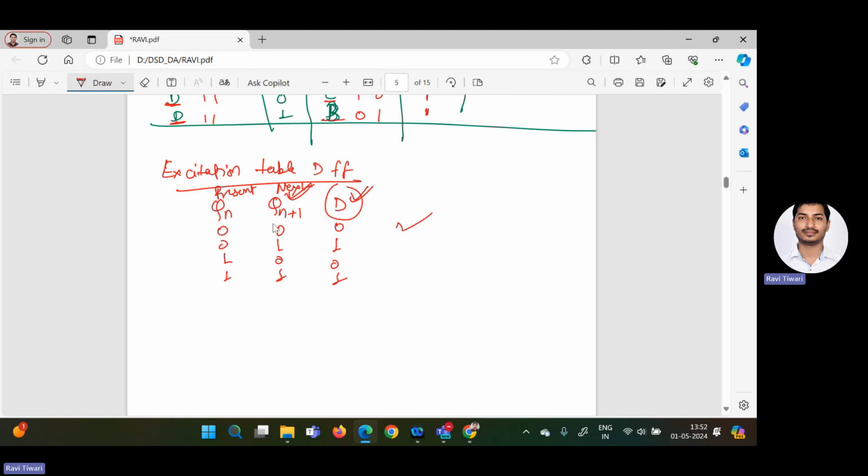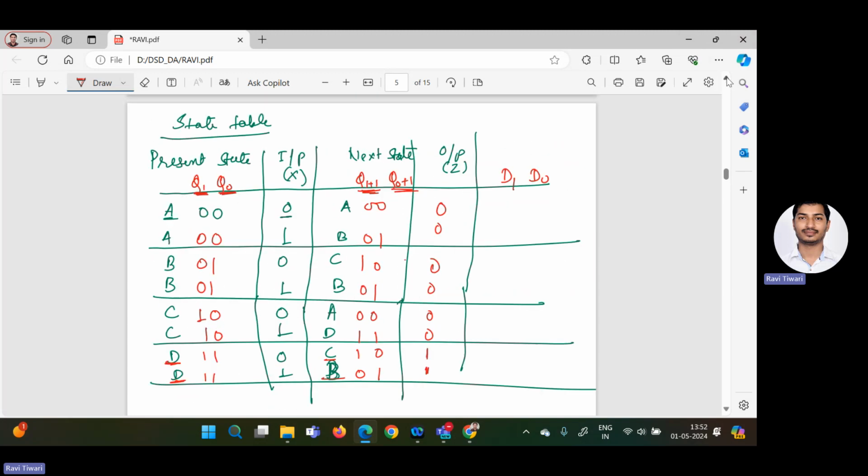Now, whatever your next state is, it will be similar to that of D. So if you are using D flip-flop, you just write down D1 as your Q1 plus 1. So whatever is your Q1 plus 1, it is similar to your D1. So now here 0, 0, 1, 0, 0, 1, 1, 0.